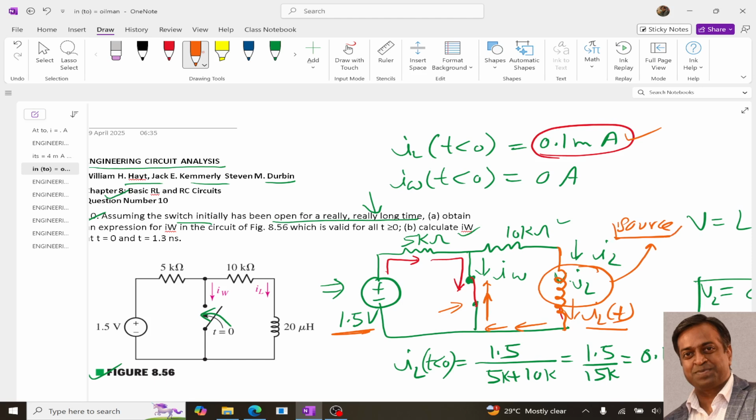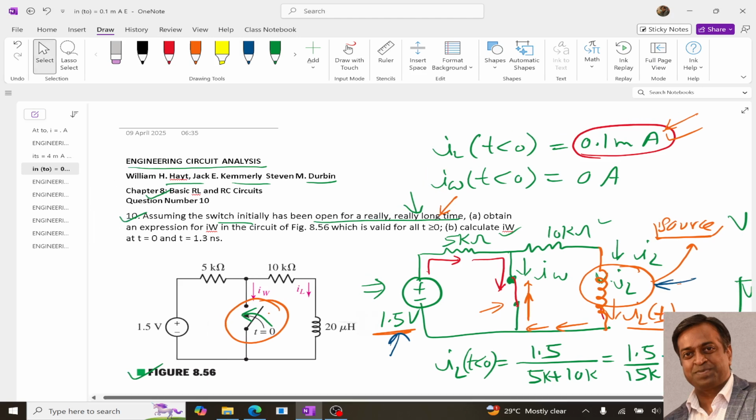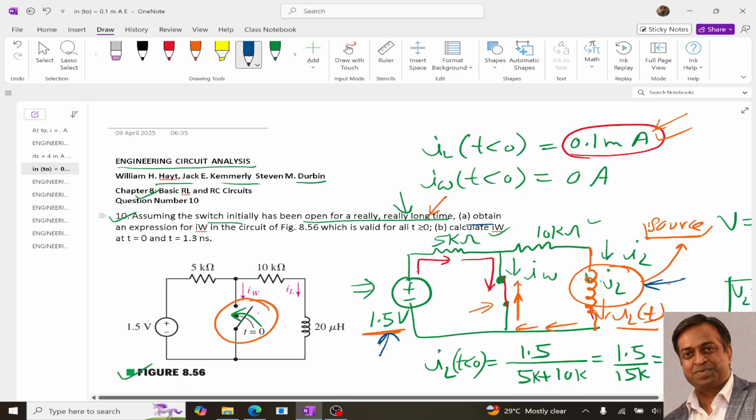Because when the circuit was open for a very long time, this inductor stored energy, and now that energy is used to maintain this current. So we have two sources: one is this 1.5 volt and the other is the inductor. The question is that we need to obtain the expression for IW in this circuit.